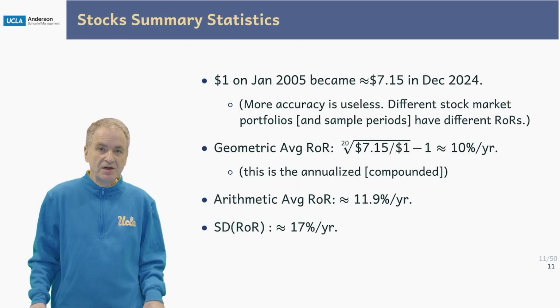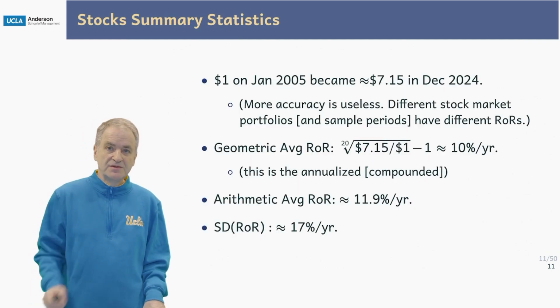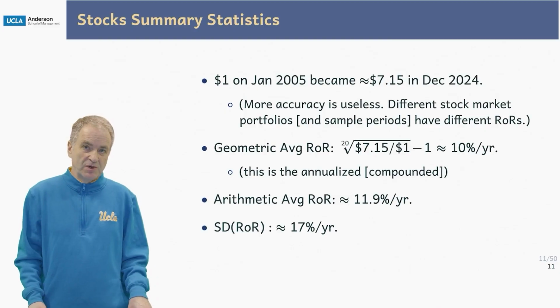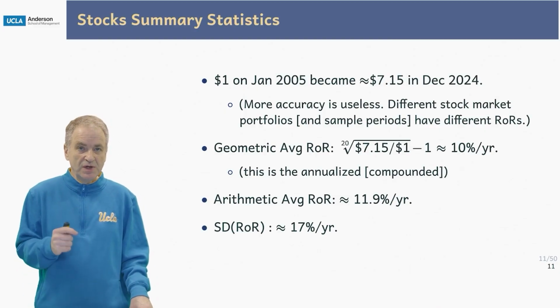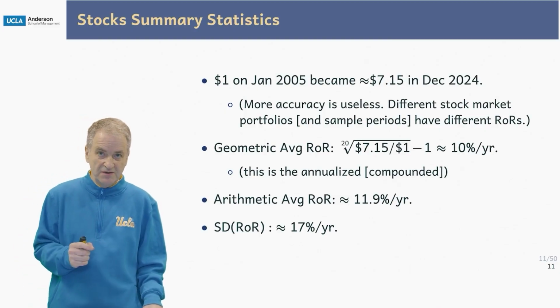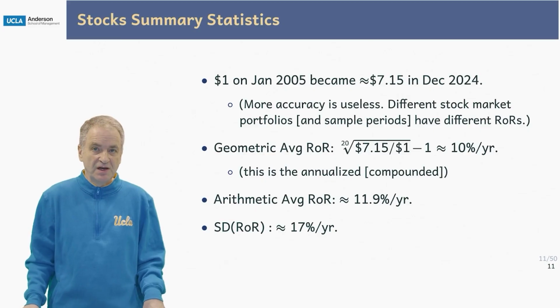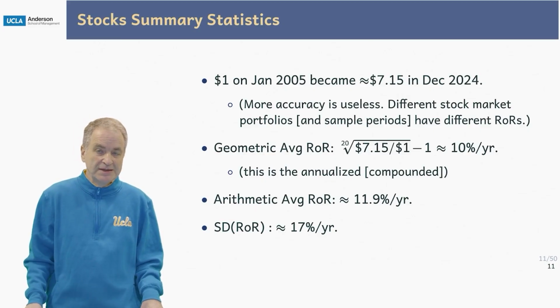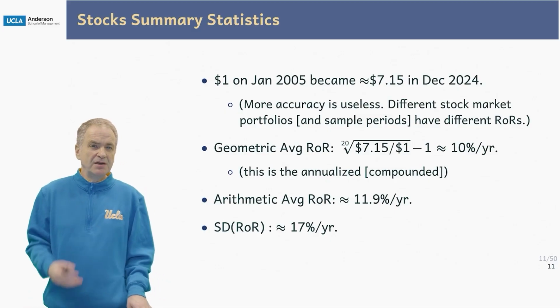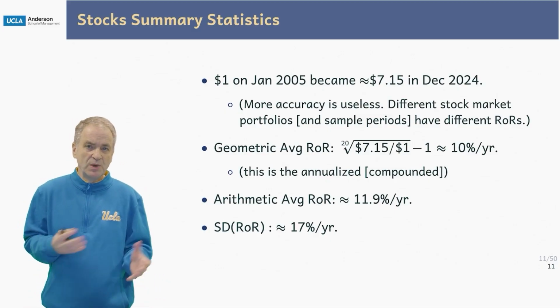And since it's so hard to graph, let's try and have me describe it with numbers. So if you had invested $1 in January 2005, you would have ended up with $7.15 in December 2024, not $8. But you know, more accuracy is really quite useless.